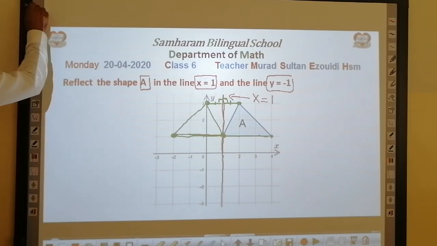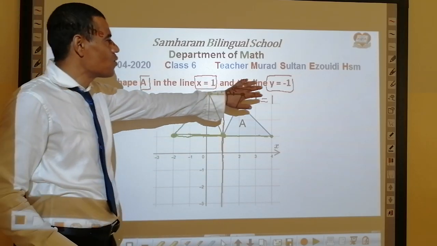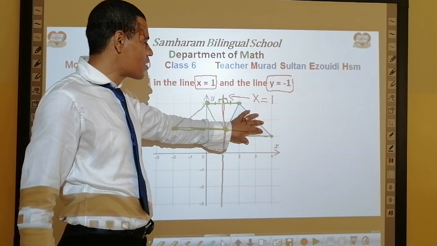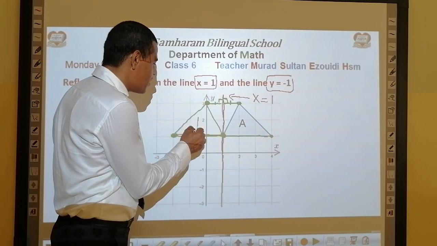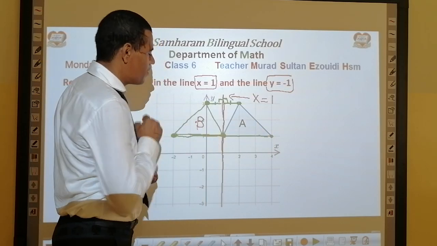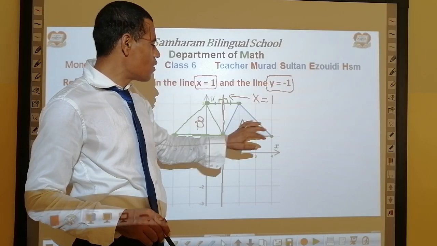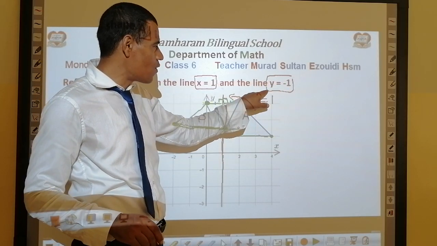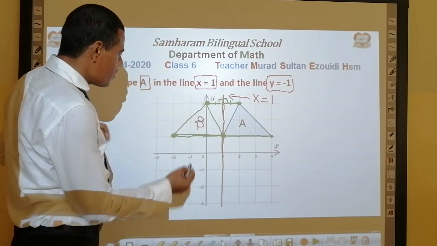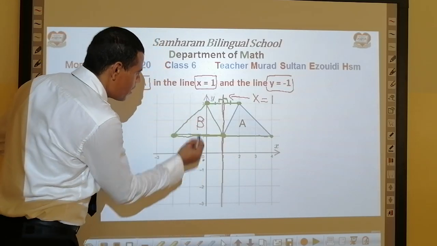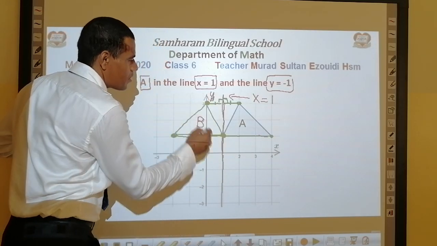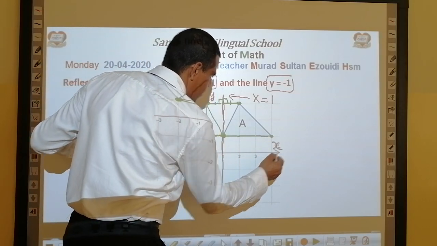The next one. Now we try to draw the image of this triangle. I will label this one as B. I will now try to reflect the shape in the line of reflection y equal -1. This is the y-axis, and this one is the x-axis.